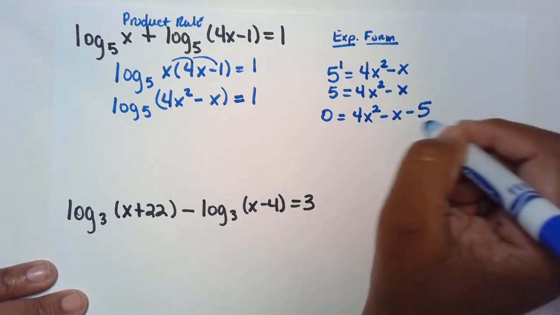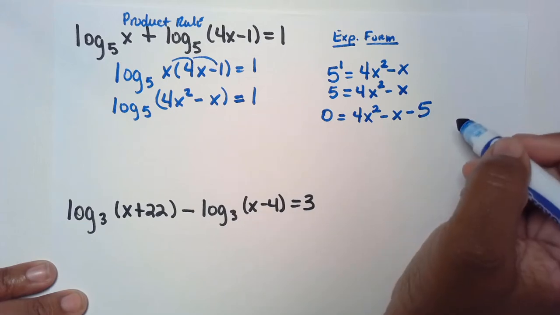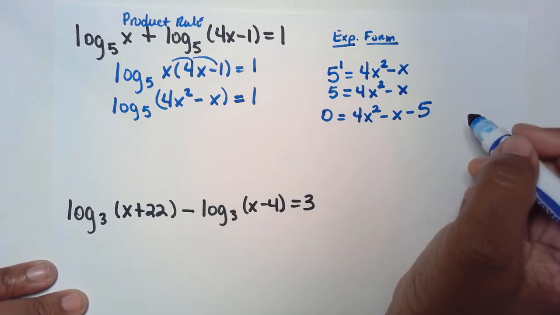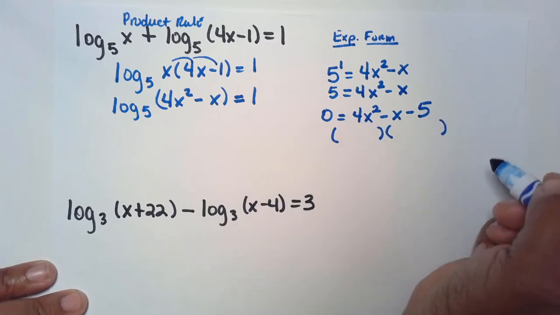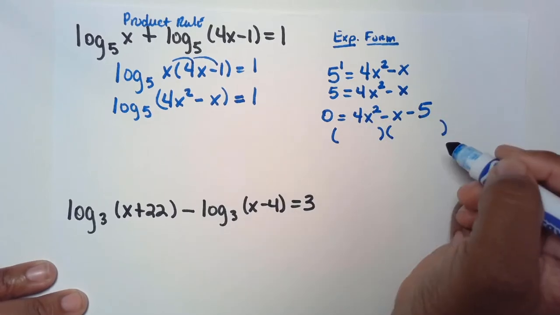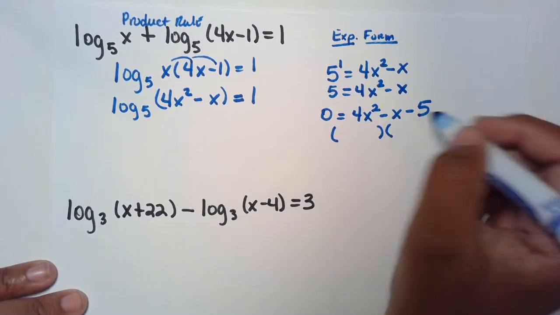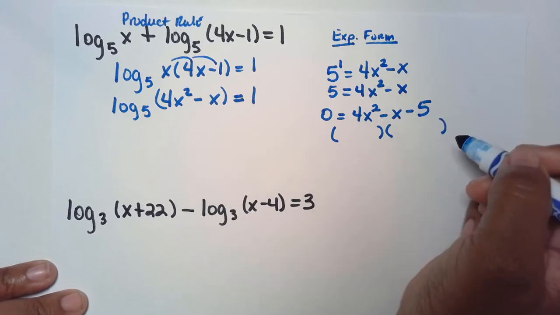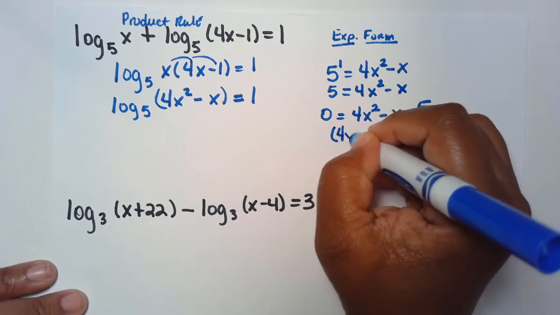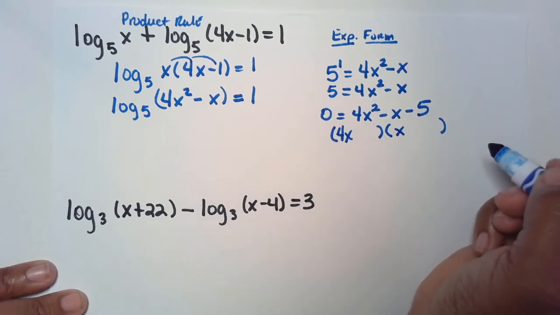And then we have a trinomial. You can factor this, or you can use the quadratic formula. Okay, so let's solve. Well, the factors of, we have 4 times negative 5, that would be negative 20, that would give us 1. So here we have 4x, and then this is x, and that would be the first term.